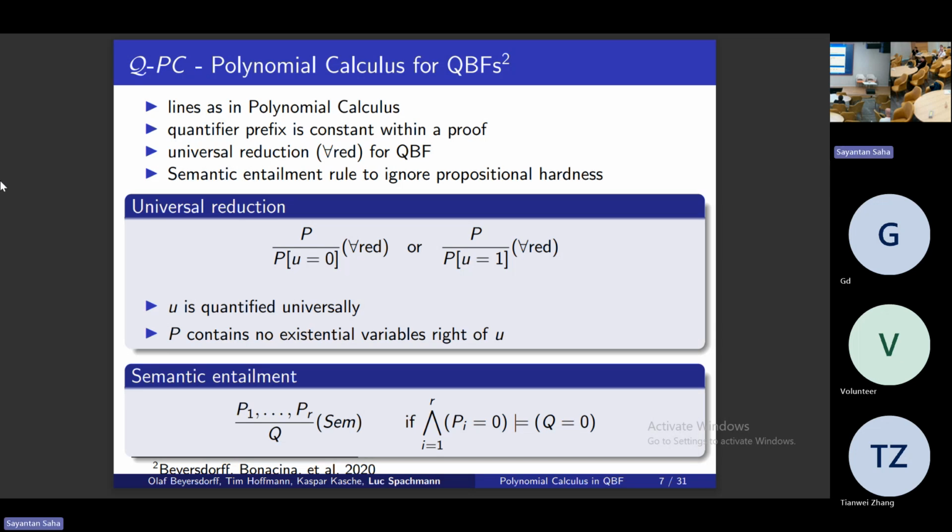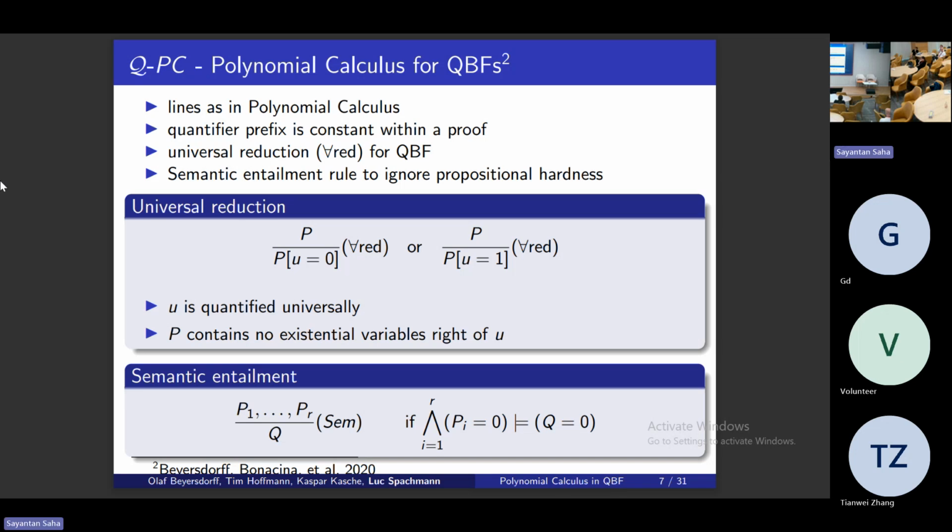Now, perhaps the more special thing here is the semantic entailment rule. We can get another line in the proof if it is semantically entailed by all the previous lines in one single step. Now, this is, of course, a really strong rule. If you have just a propositional statement, then we are finished in just one step.